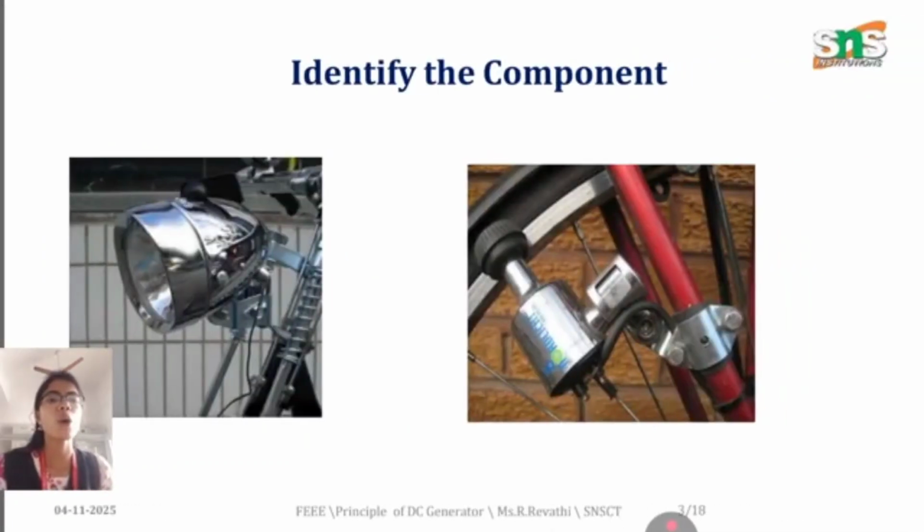Identify the component. You are provided with two pictures displayed in the presentation. The first one is a dynamo and the second one is a motor. The dynamo symbolizes that the DC generator works on the mechanism of mechanical to electrical energy conversion.